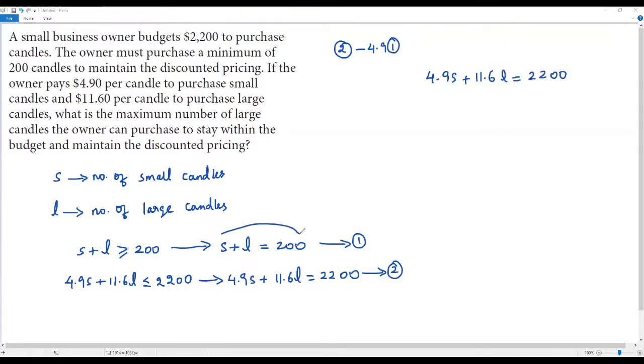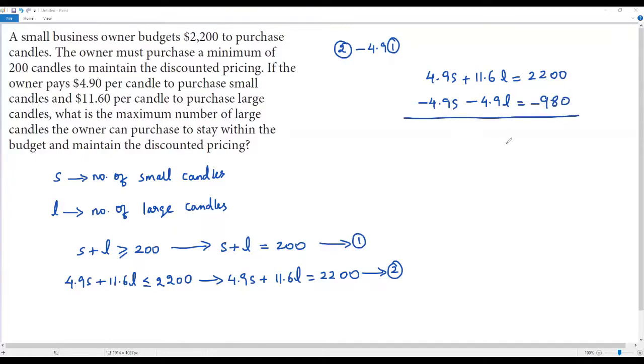Now I multiply the first equation by negative 4.9. I get negative 4.9S, and negative 4.9 times L is negative 4.9L, equal to negative 4.9 times 200, which is negative 980.